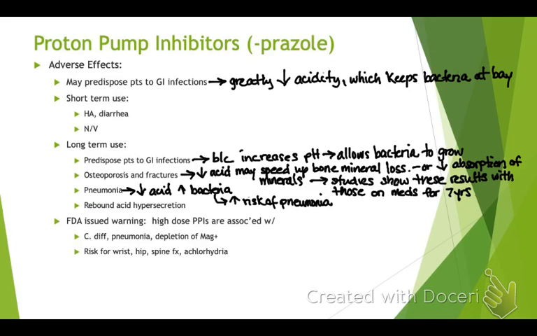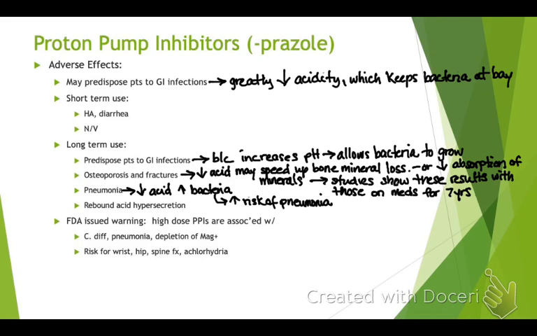Adverse effects that you see with your proton pump inhibitors: they may predispose the patient to a GI infection because it greatly reduces the acidity, and the acid in your stomach is what keeps the bacteria at bay. So if you're greatly reducing that acidity, it will predispose your patients to a GI infection. Short-term adverse effects that you might see are headaches, diarrhea, and some nausea and vomiting.